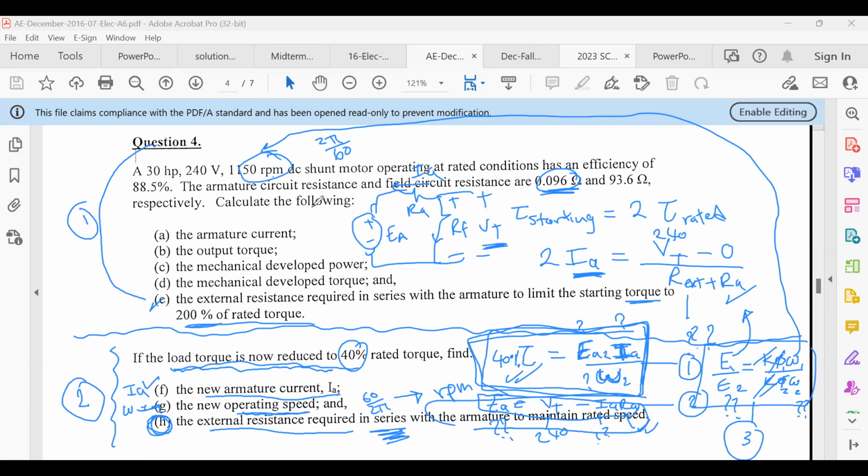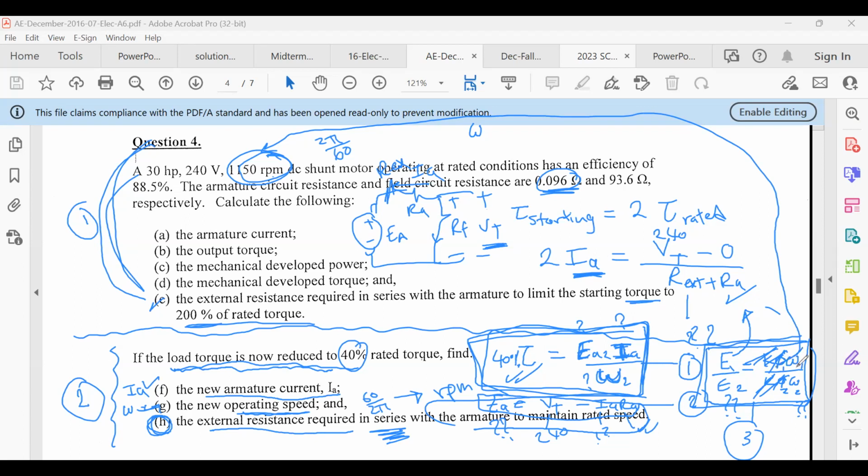So you want to add one resistance here, not for starting, but for something else. This resistance is to keep the same omega from case one, the rated speed. Look, from this equation, from this ratio, we said we have the same K, and the same phi, the same flux, because the IF is the same.